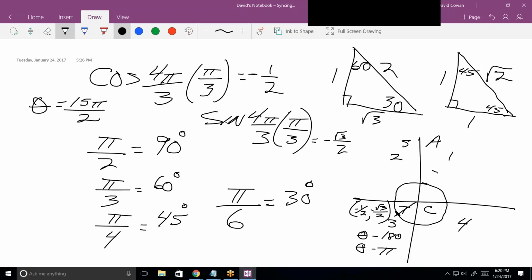So, in a sense, you did, at some level, convert it to degrees. But you could also label this triangle. I could label, instead of 30, that pi over 6. And instead of 60, I could label it pi over 3. Okay. So 15 pi over 2.